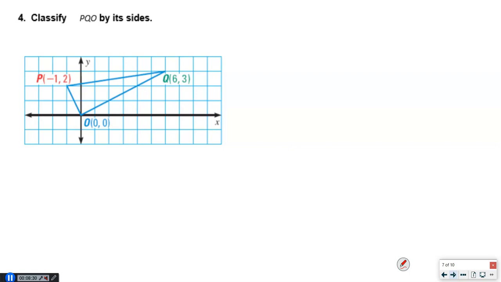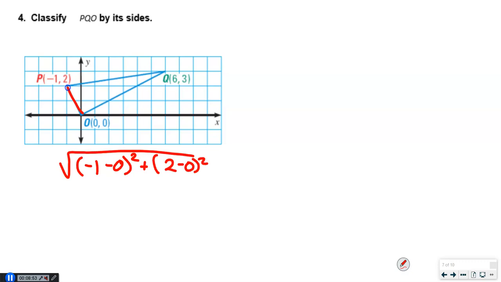So if I look first at PO, and I'll use P as my x1, y1. So I have -1 minus 0 squared plus 2 minus 0 squared, all under the square root.